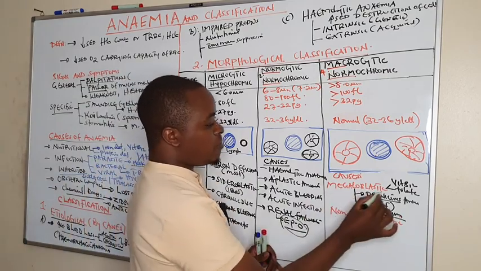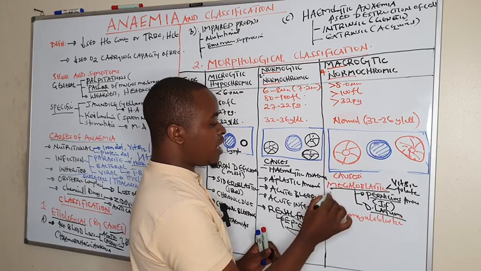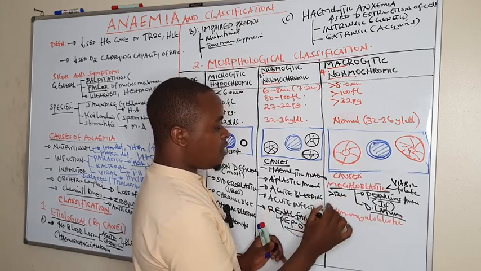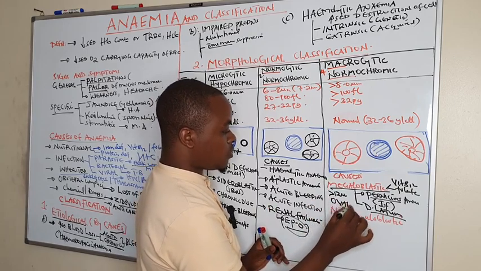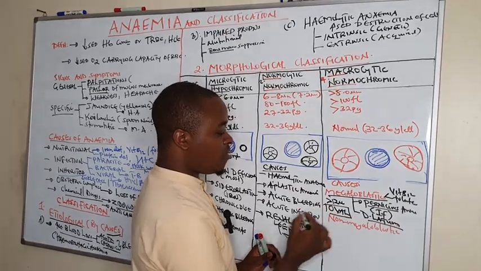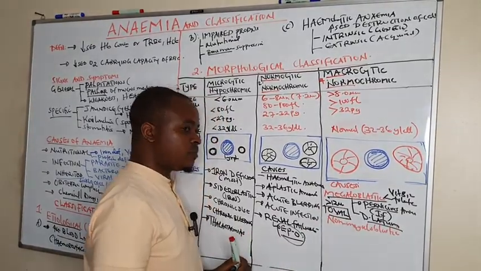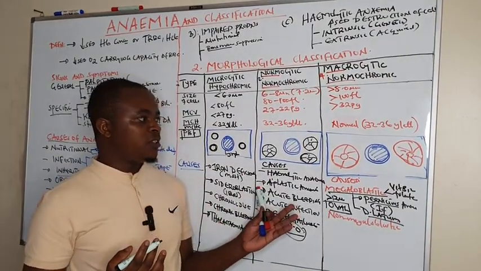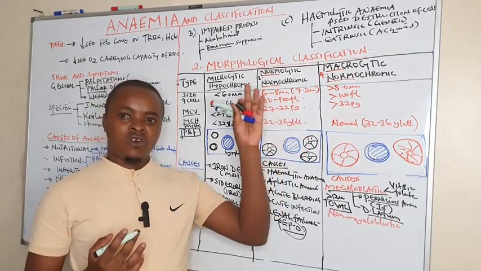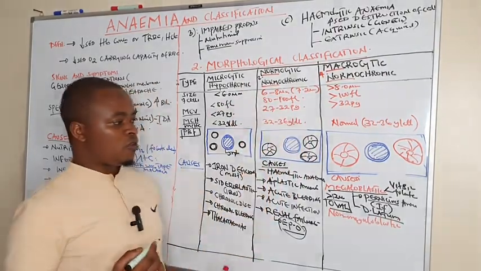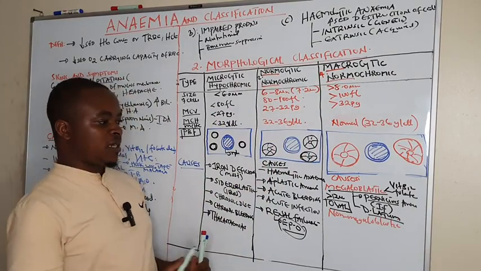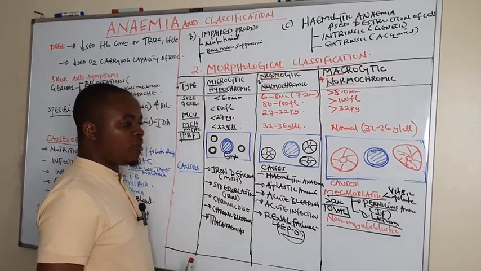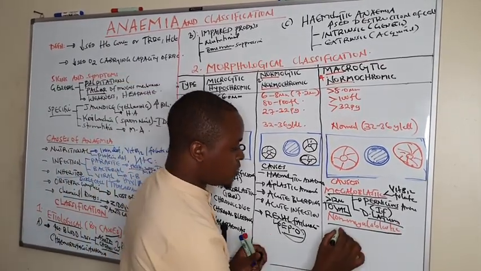And here for megaloblastic anemia, the cells are megalo, greater than 12 micrometer in diameter, and they are oval in shape. So when you see it under PBF, they are oval in shape, and at a chronic stage, you will find under CBC, all cell lines will be low, what we call pancytopenia, which we shall discuss in detail in the coming sessions. Then under non-megaloblastic, here the cells are round.